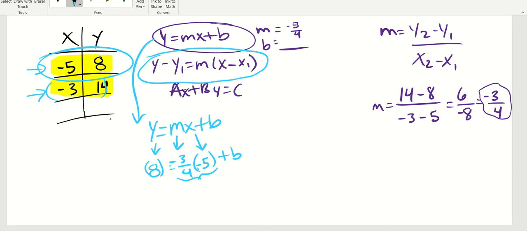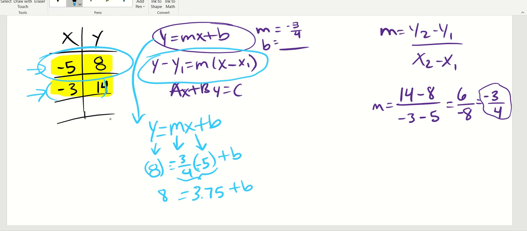Negative times negative is positive. 3/4 times 5, or 0.75 times 5. According to my math, it's 3.75. Okay, and we end up with a positive plus b.